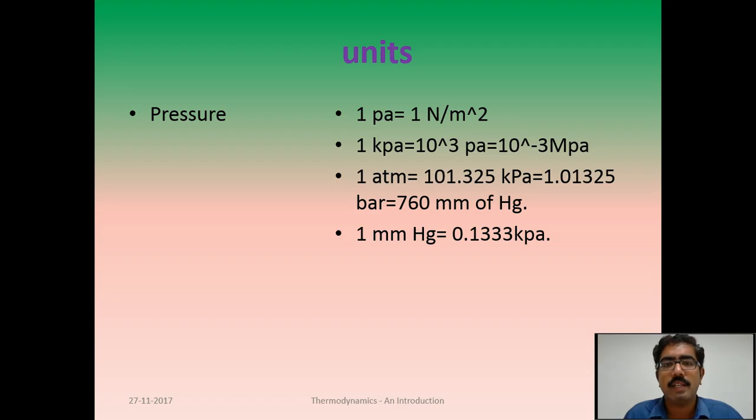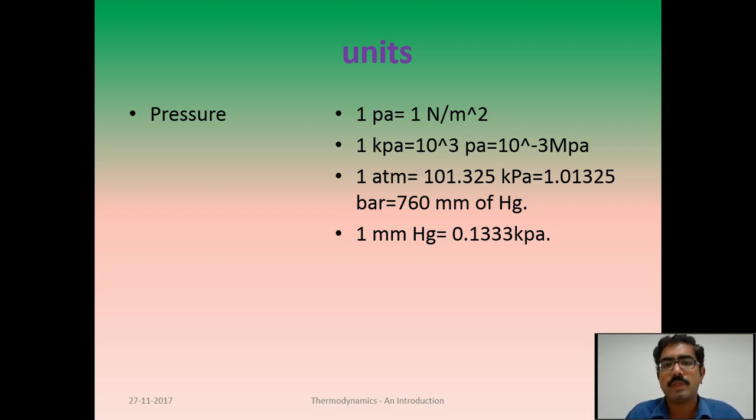Next one is pressure. In the thermodynamics subject, very often we will be using the parameters temperature, pressure, volume, density. In the problems, students are asked to find more or less temperature, pressure, volume, density. If you know these parameters, they can find energy.